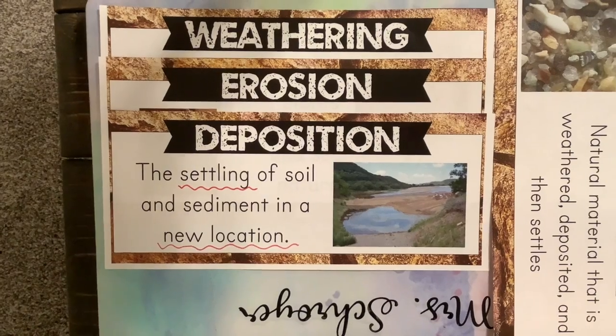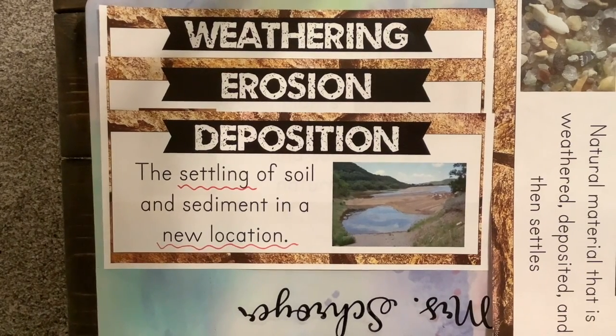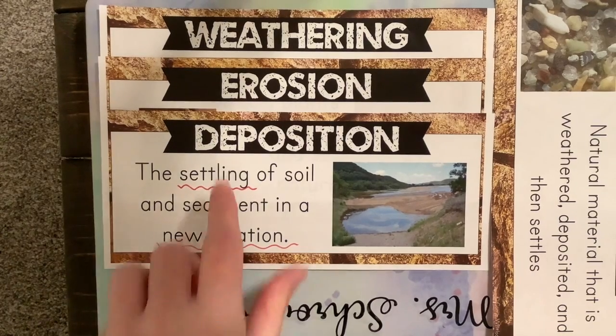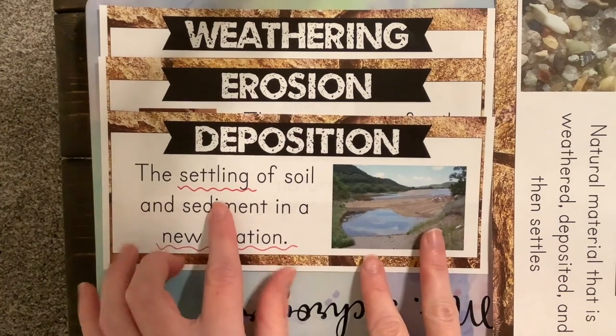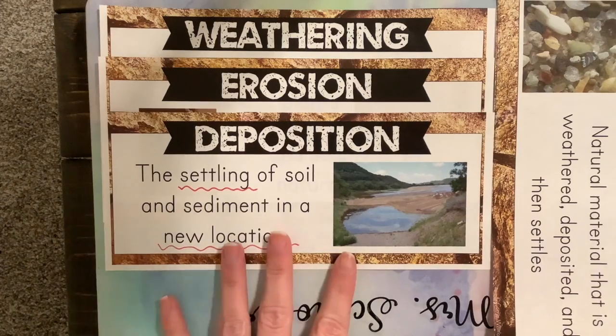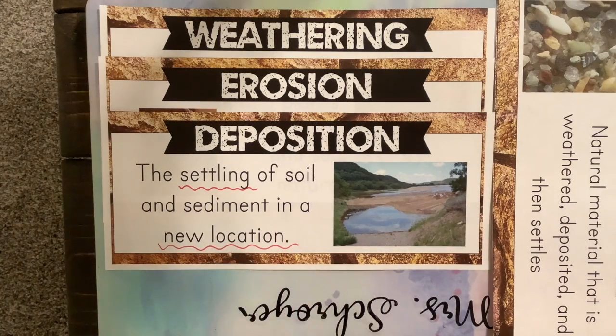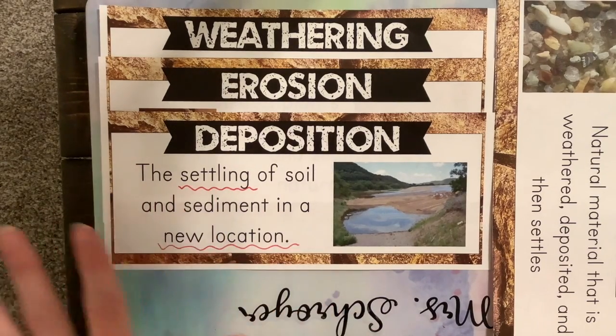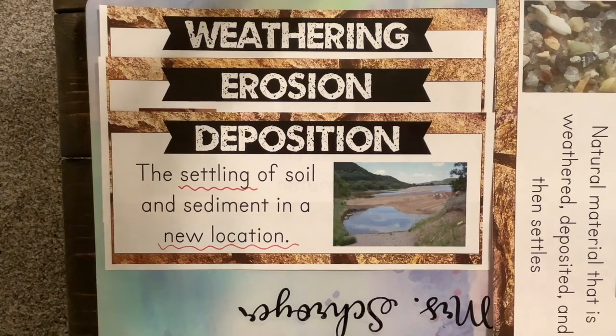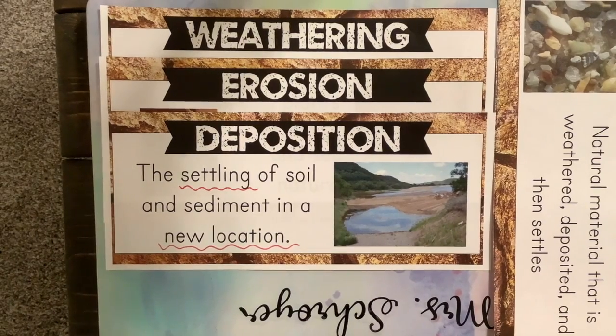Maybe you just moved to a different apartment or a different house. So when you move somewhere else and you make your home there, that's called settling. You are in a new location. So that's exactly what deposition is, the settling of something in a new location. So it's now in someplace new.